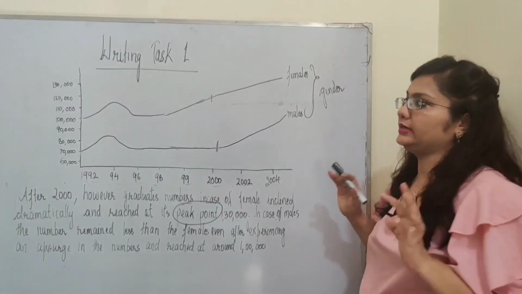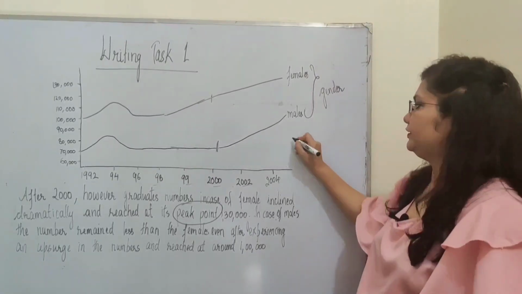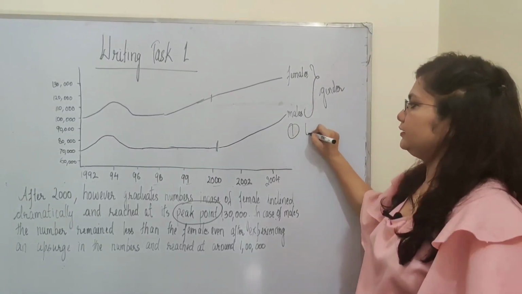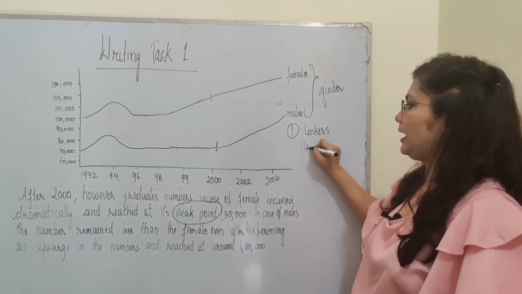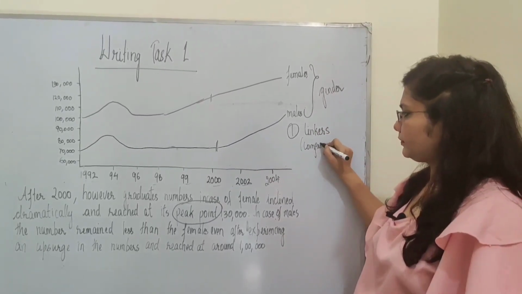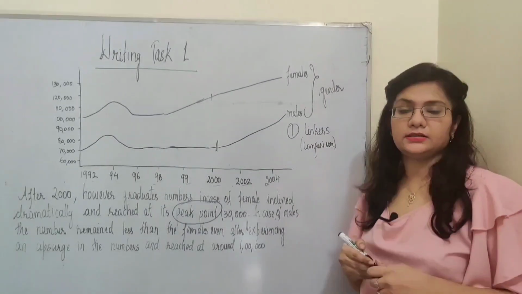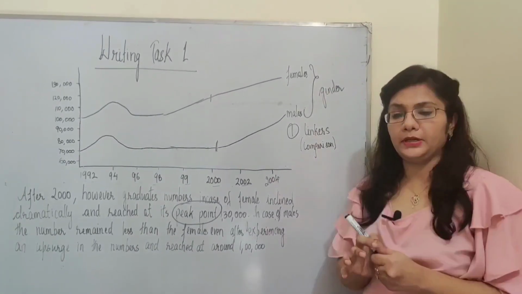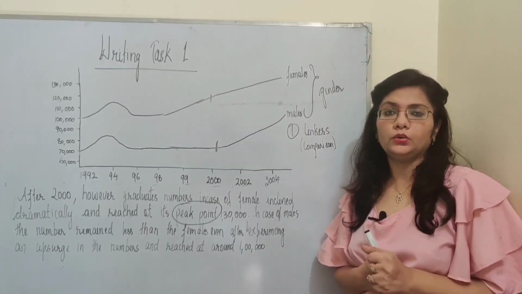Whenever you are presenting writing task 1, always remember, first thing, use of linkers. Whenever you are doing comparison, you should use while, whereas, but, as compared to, compared with, similarly, likewise, although, though, even though.